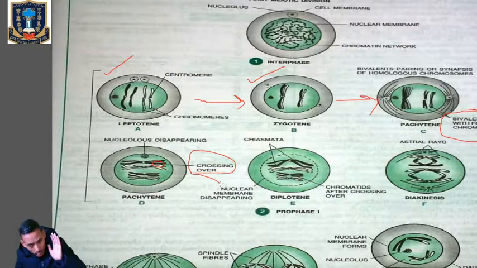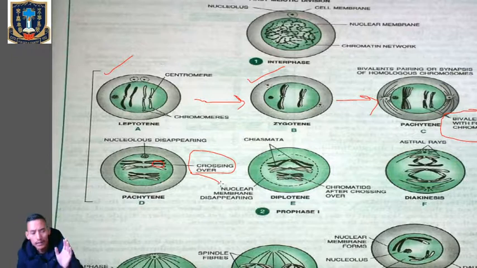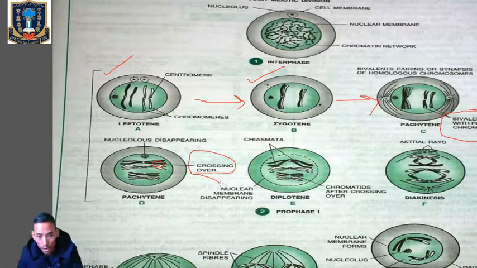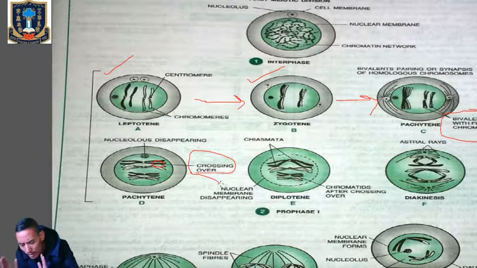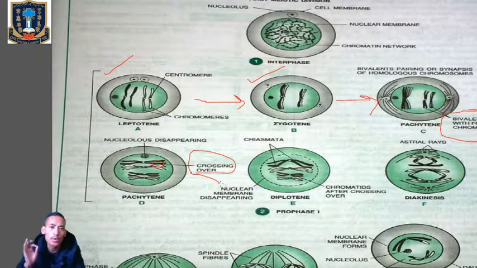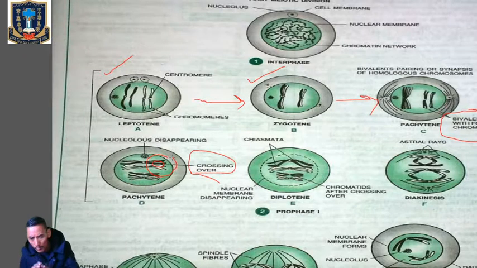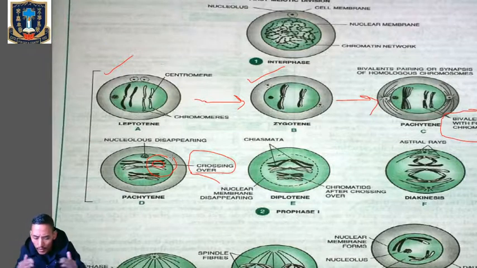So this stage is characterized by the appearance of recombination nodules, the site at which crossing over occurs between the non-sister chromatids of the homologous chromosomes. So crossing over means the exchange of genetic material between the 2 homologous chromosomes. Clear? So at this particular point where there is crossing over between non-sister chromatids, there will be exchange of genetic material.